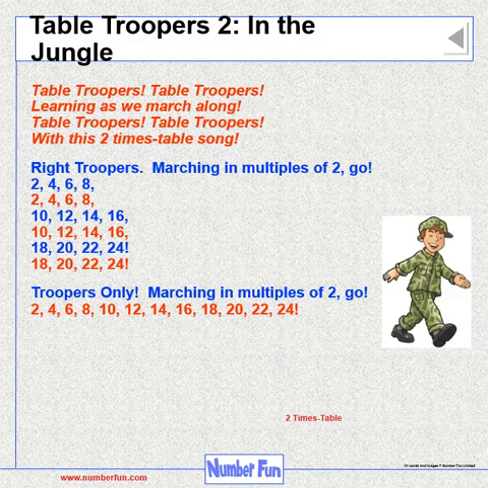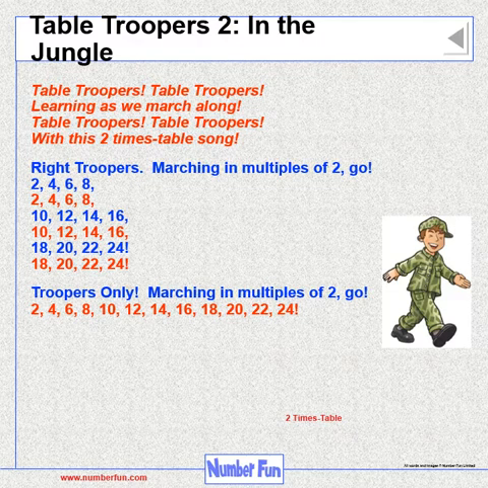Go! 2, 4, 6, 8, 10, 12, 14, 16, 18, 20, 22, 24. Troopers only, marching in multiples of 2. Go! 2, 4, 6, 8, 10, 12, 14, 16, 18, 20, 22, 24.